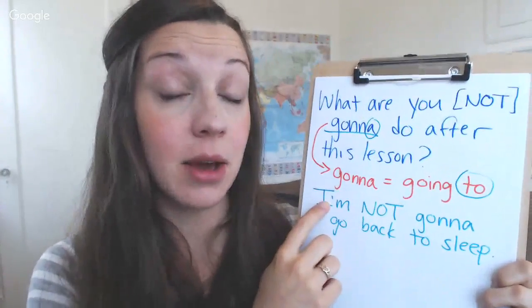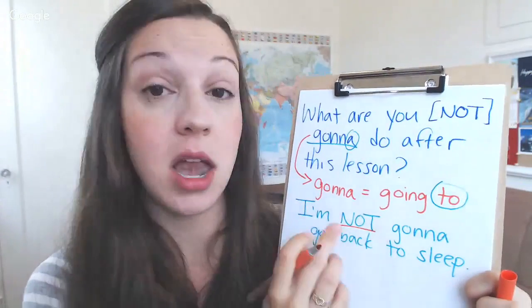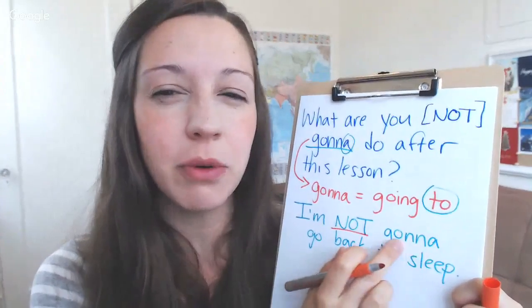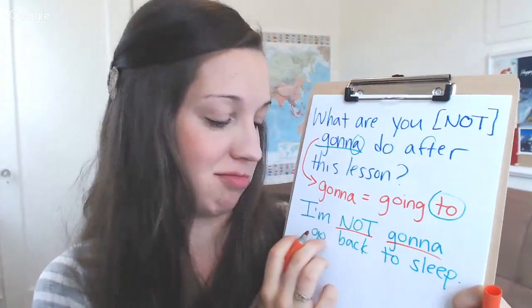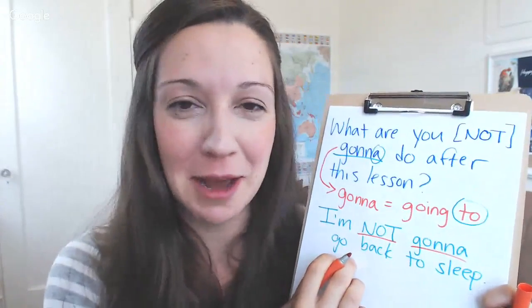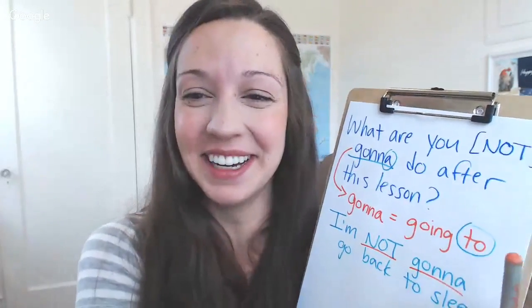So for me, we can add this negative word, not. I'm not, right before gonna. I'm not gonna go back to sleep. It's 9 a.m. It's not really a good time to go back to sleep. Maybe 9 p.m. would be a good time.